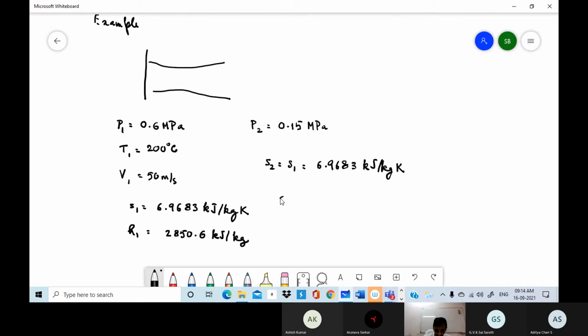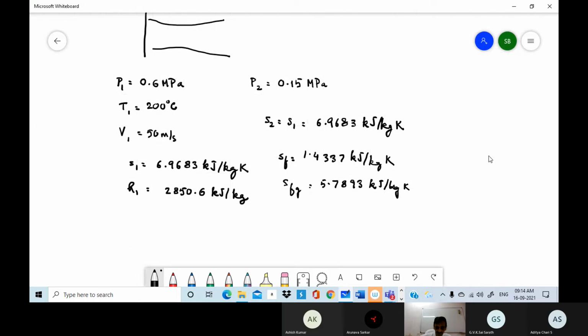So at P2, SF is equal to 1.4337 and SFG is 5.7893.